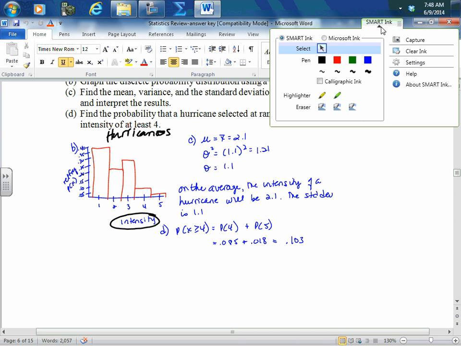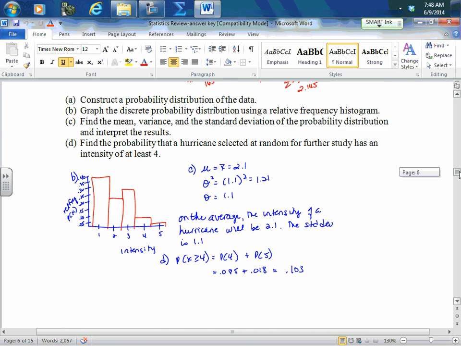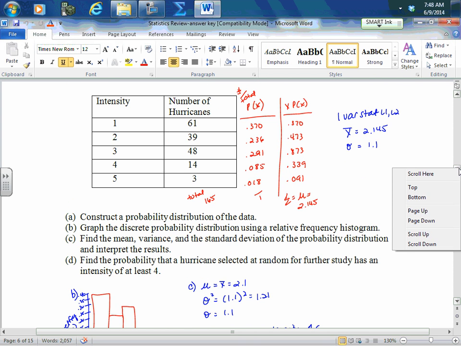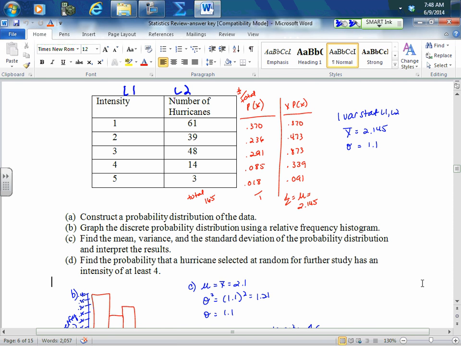Let me just step back a second. Now, if I ask you for your mean, your variance, your standard deviation, there are 2 ways to do it. When we did this, we did L1, L2. Or, if you want, L1, L2. Either way. We didn't really use this column. I'll explain it in a second.